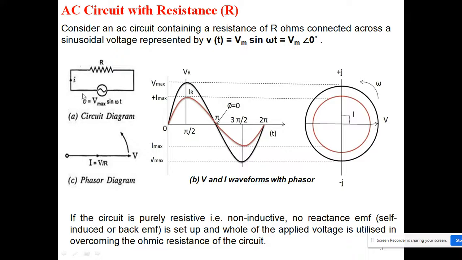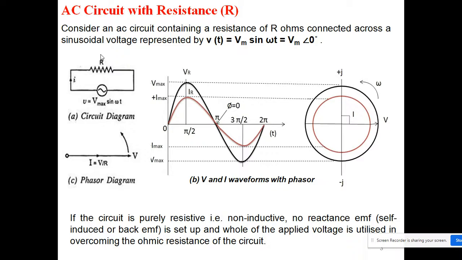This is a purely resistive circuit. We don't have inductance and capacitance here. It means we can call it a non-inductive circuit, so no inductive self EMF is present here. So the whole applied voltage is utilized in overcoming the ohmic resistance of the circuit.